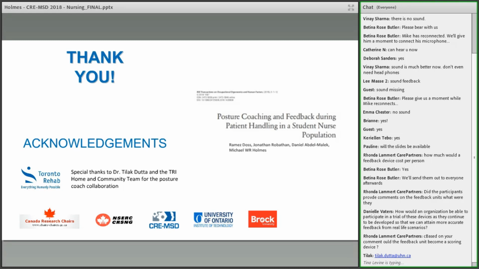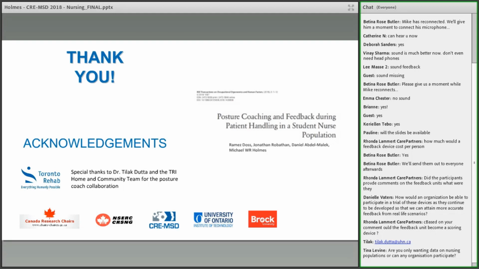So I think there might be some ethical issues and preference issues that we would have to dig into. Right now, the way we're thinking about designing the next version is that it wouldn't collect any data. It would simply give you feedback in real time, to make it as cheap and simple as we can possibly make the system. But you're right, there could be a benefit to somehow saying today you scored an 8 out of 10, and tomorrow you can strive for a 9 out of 10 in terms of posture control. I don't know. It's an interesting thought.